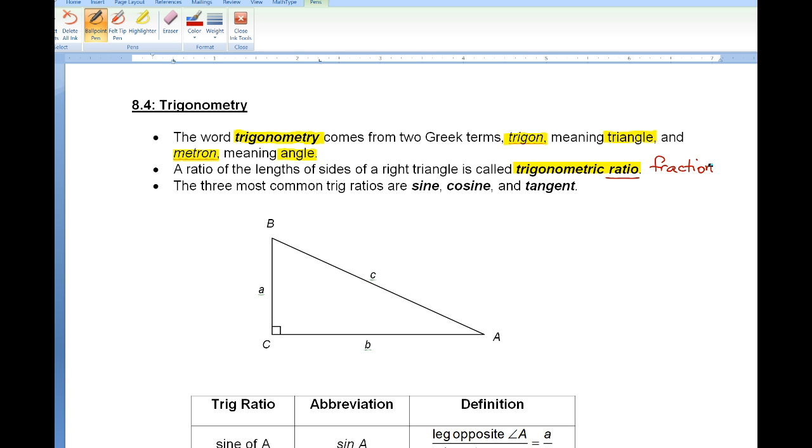The trig ratios are sine, cosine, and tangent. And you will see they're abbreviated by the first 3 letters in their name. So you'll see on your calculator, sine will just say S-I-N. Cosine would just be C-O-S, and tangent is T-A-N.